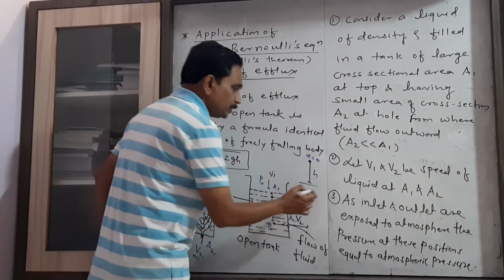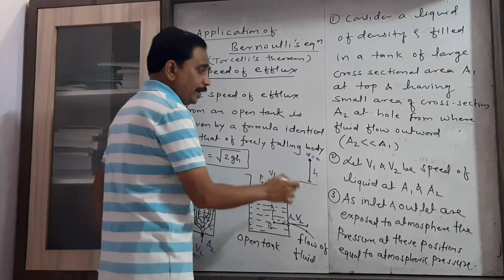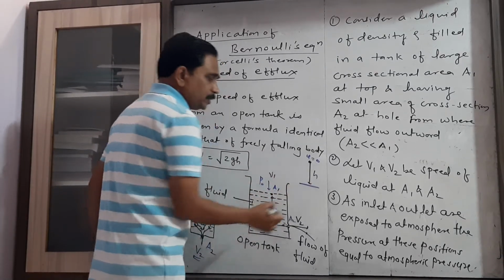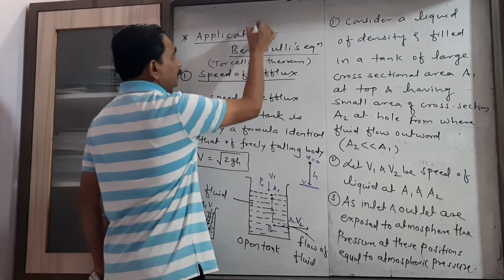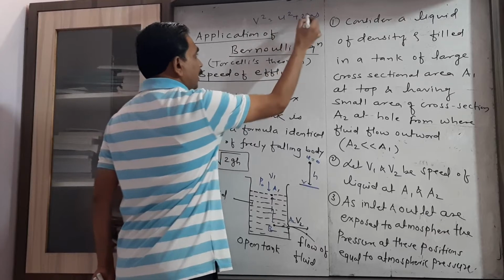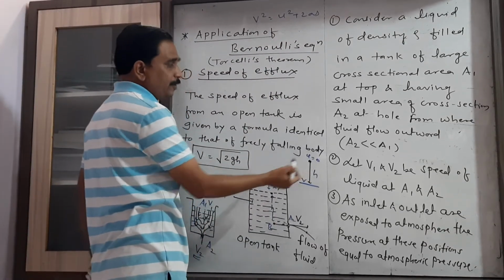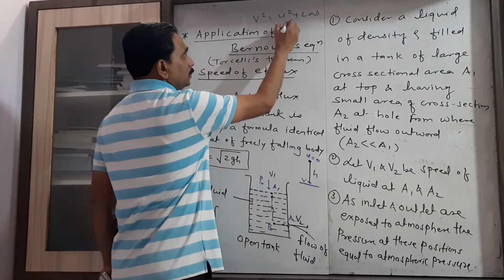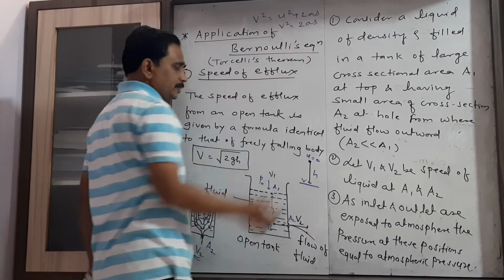When that body starts falling in the downward direction, then we can find the velocity when that body hits the ground by using this equation, that is v square equal to u square plus 2as. As the body is initially at rest, therefore u equal to 0. So this equation reduces to v square equal to simply 2as.